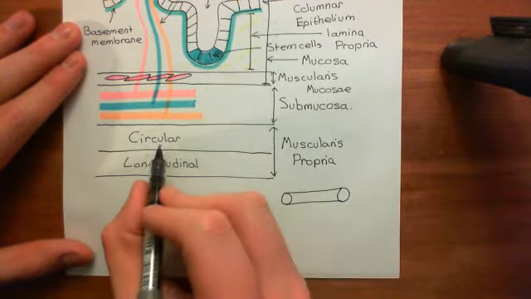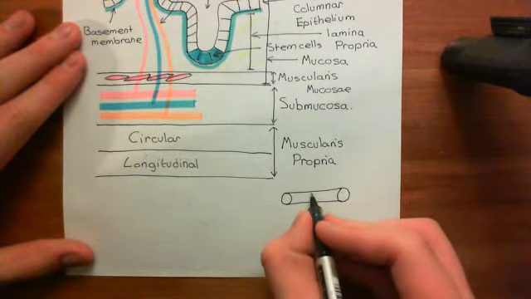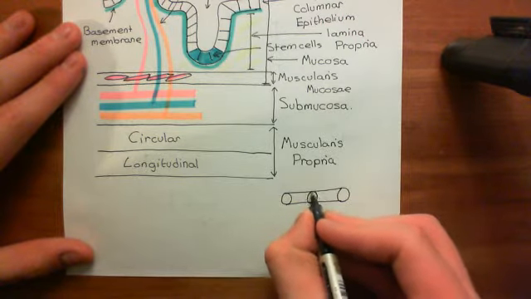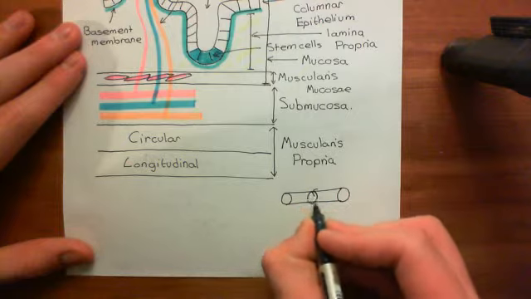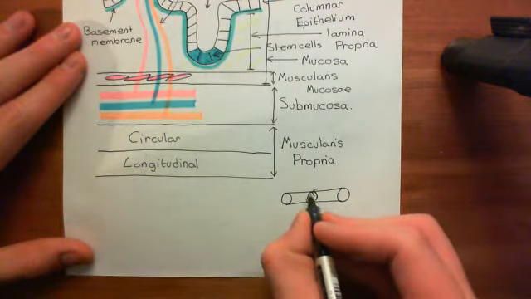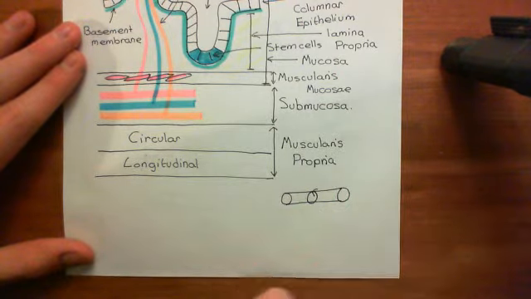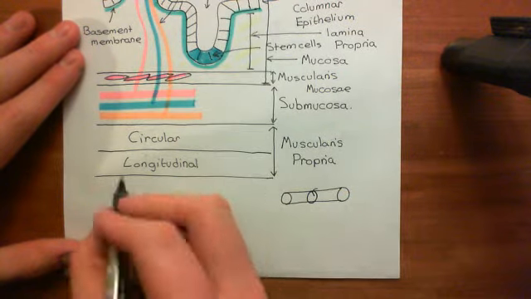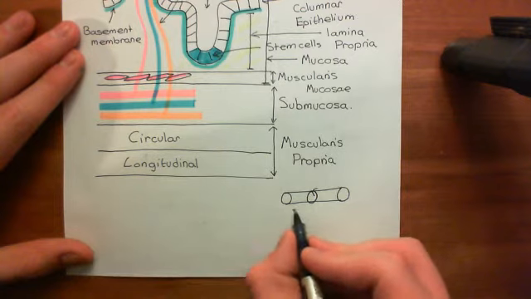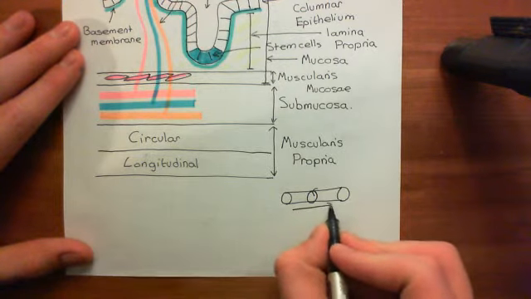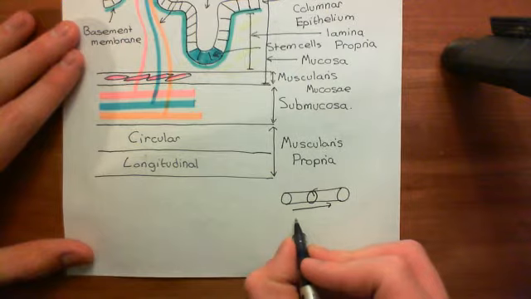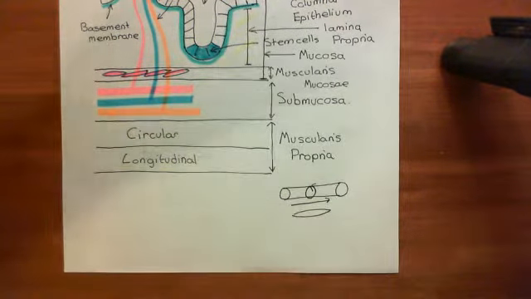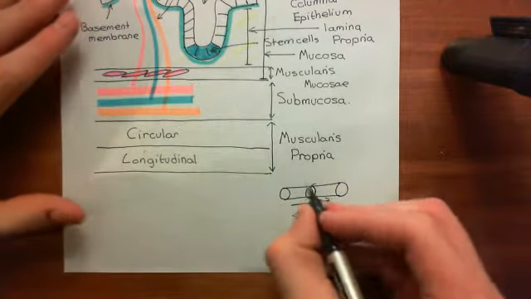Basically, the smooth muscle fibers that are in the circular portion will have their fibers in the circular direction, so they'll be moving around the circumference of the small intestine, basically. Okay, whereas the fibers which are in the longitudinal portion of muscularis propria, they will have their fibers oriented in the longitudinal direction, so they'll be oriented along the length of the small intestine.